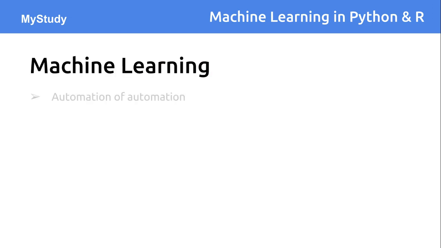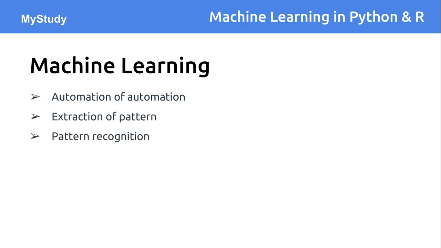So what is machine learning? Machine learning is nothing but the automation of automation. You are trying to automate the automation itself. It is extracting patterns. It is a pattern recognition system. We are trying to recognize any kind of pattern that exists in your data. So machine learning is the future.